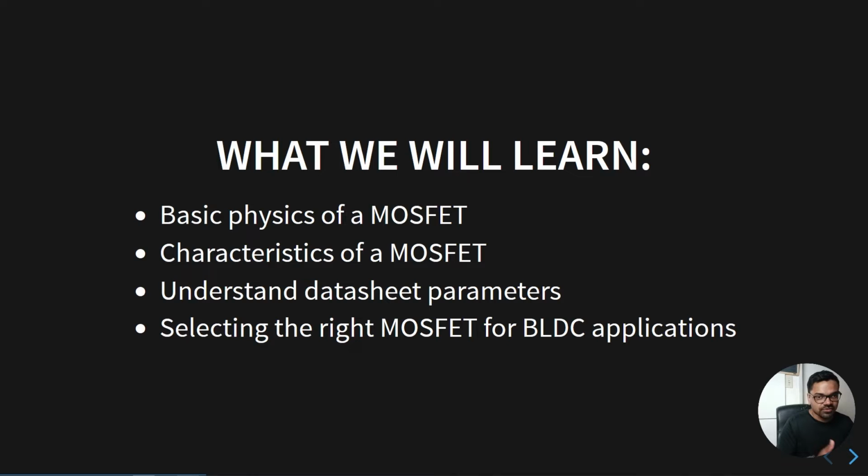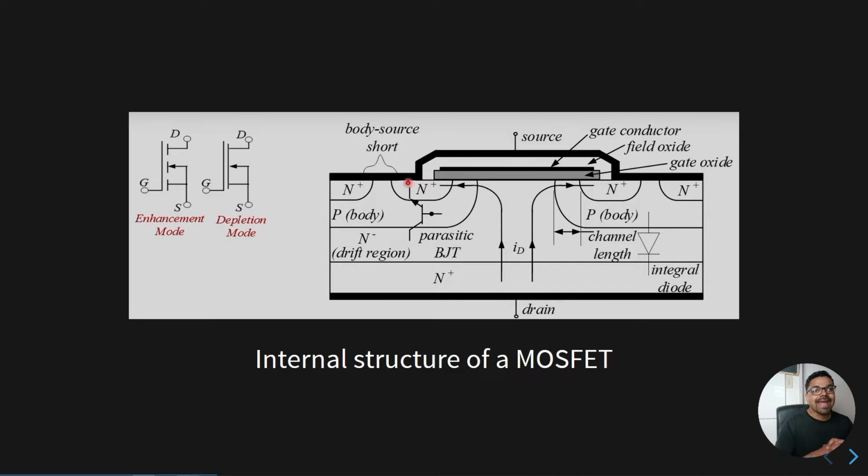So how does a MOSFET work? In the simplest form, it is a switch. The full form of MOSFET is metal oxide semiconductor field effect transistor. If you apply a particular voltage at one of its terminals, then you can make the MOSFET conduct between the other two terminals.